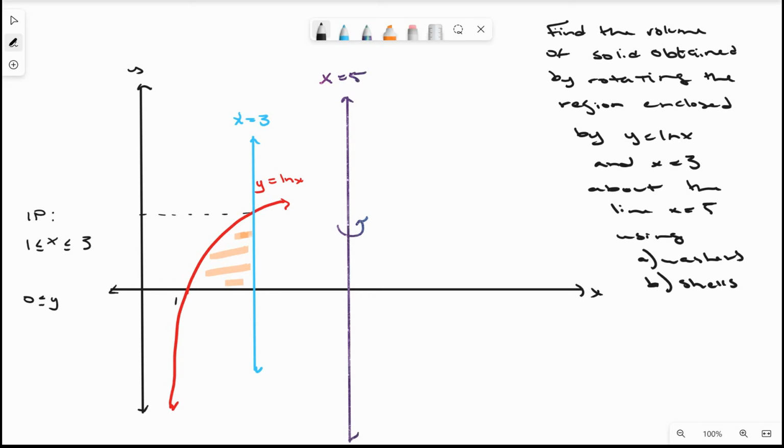So where does ln x intersect with x equals 3? Well, when x equals 3, y is equal to ln of 3. Clearly this is 3 over here. All right, so we're going to rotate that about the line x equals 5.